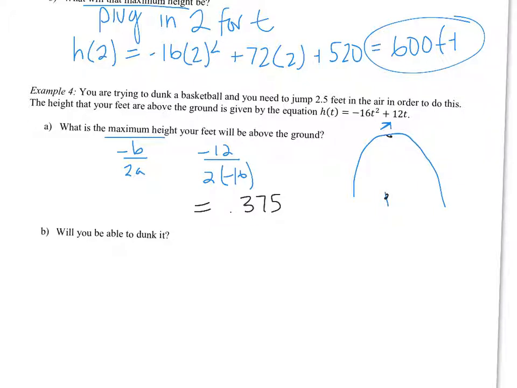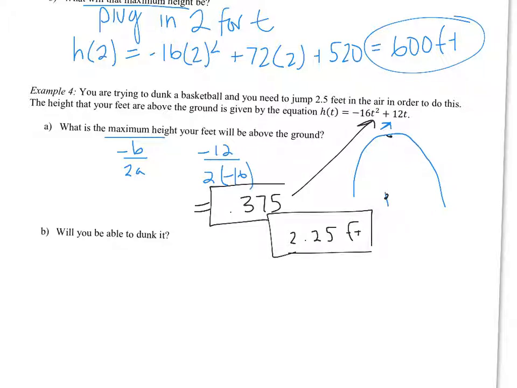To figure out the maximum height, you need to plug in 0.375 into this function. When I plug in 0.375 for t, I get 2.25 feet. So the maximum height is 2.25 feet.